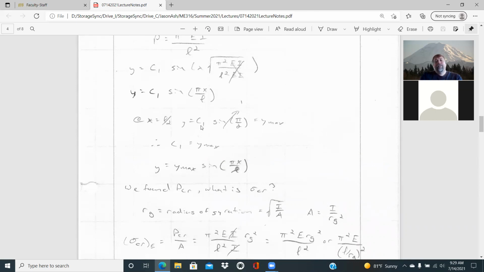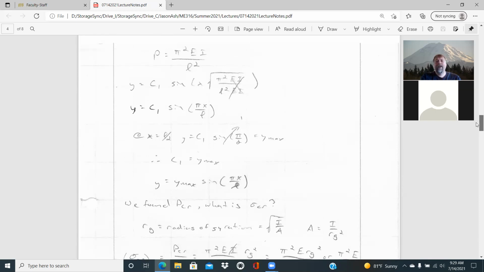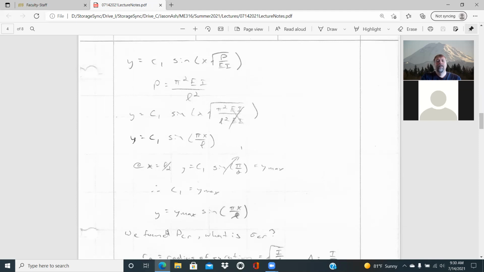So we find that y is equal to C1 sine of pi over 2 is going to be equal to our maximum lateral deflection. Sine of pi over 2, 90 degrees, is just equal to 1. And so it tells you then that C1 is going to be equal to y max, your maximum deflection. And so you could pose that in terms of y max instead of C1. So y is just equal to y max times the sine of pi times x over L.